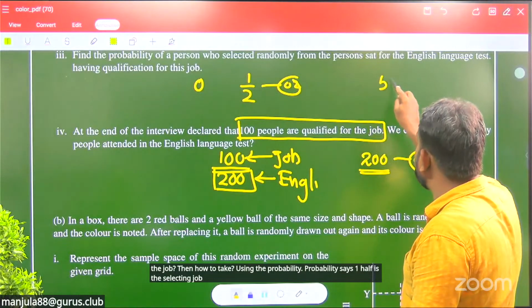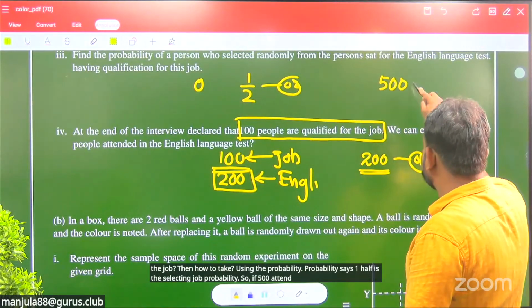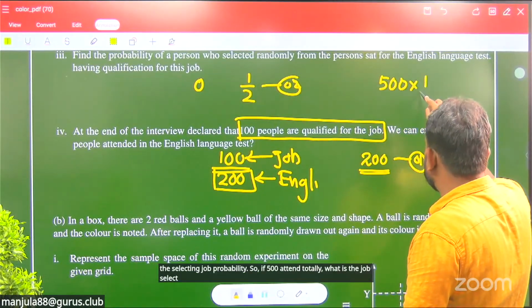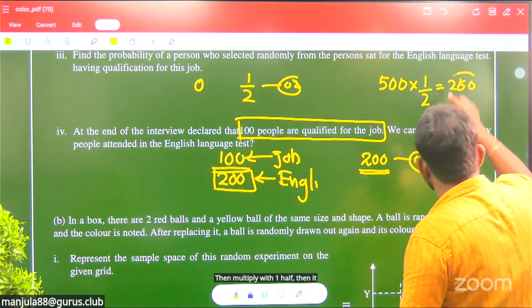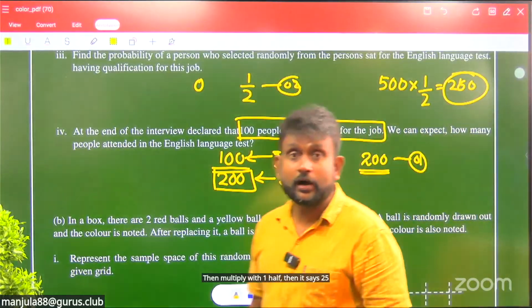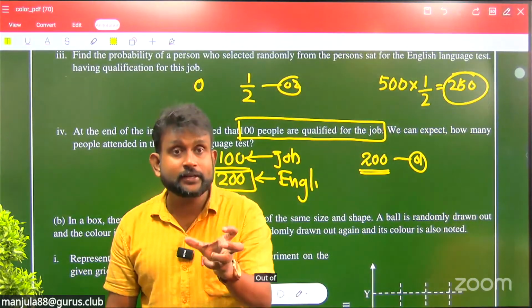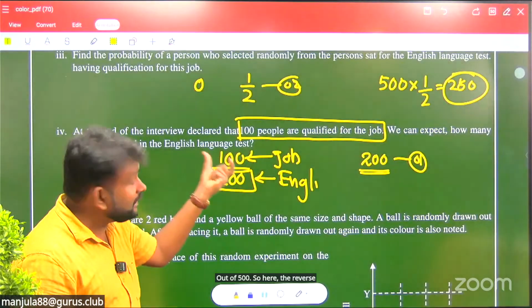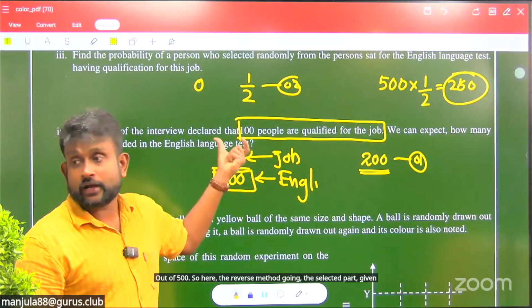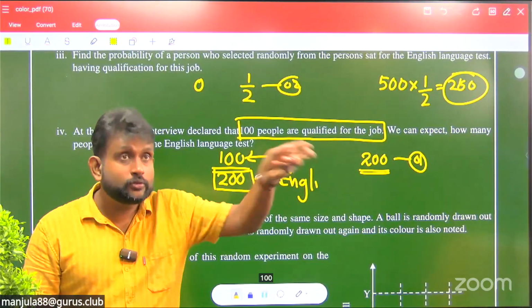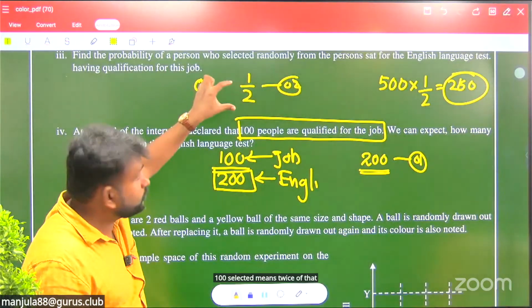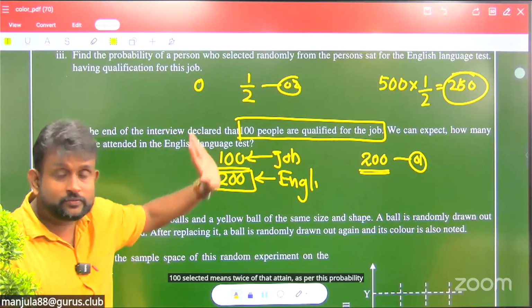So if 500 attend in total, what is the job-selecting probability? One half, then multiply with one half, then it says 250 are selected for the job out of 500. So here the reverse method goes, the selected part is given and asking how many total attended. 100 selected means twice that attended, as per this probability you decided. I think it is fine.